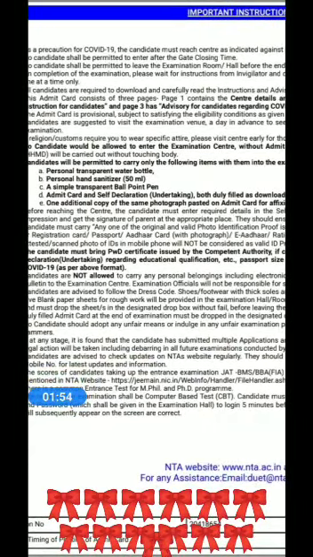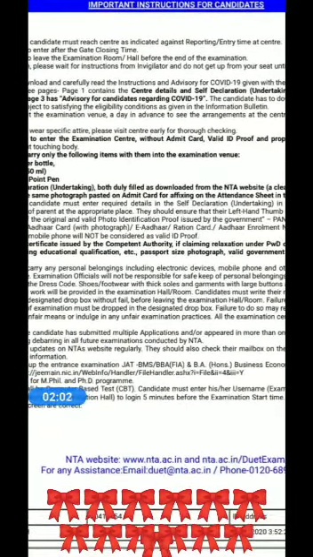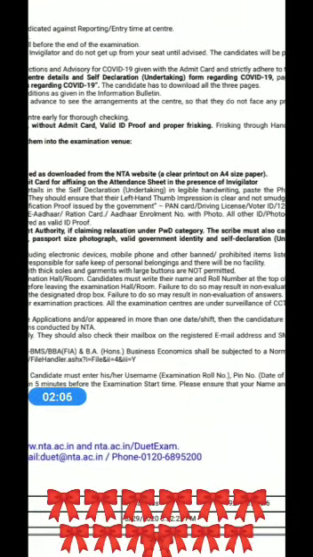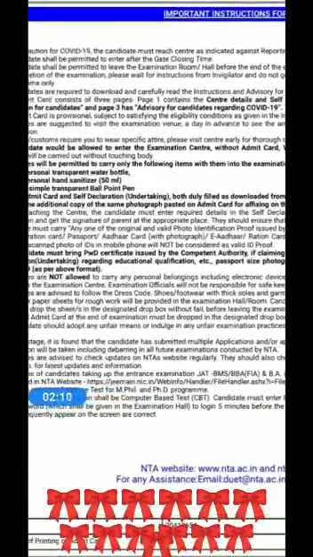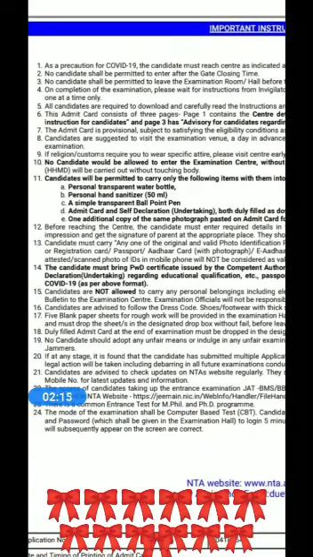Then one additional copy of the same photograph pasted on the admit card, for affixing on the attendance sheet in the presence of the invigilator. So you need to take your additional photograph, that passport size photograph you have pasted on your declaration form.